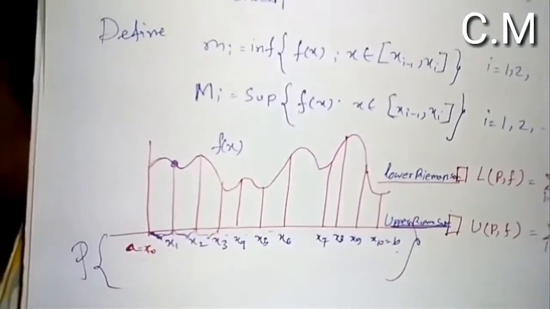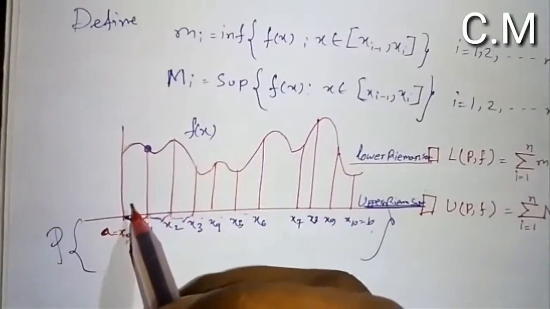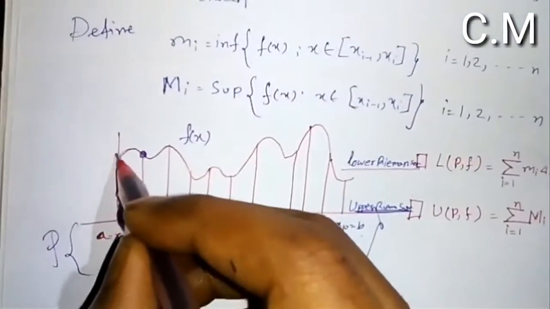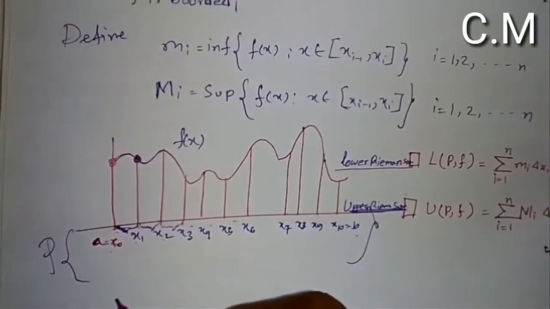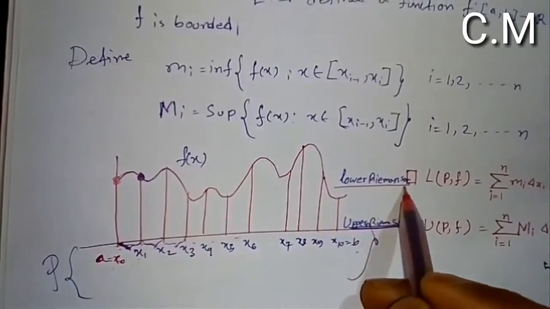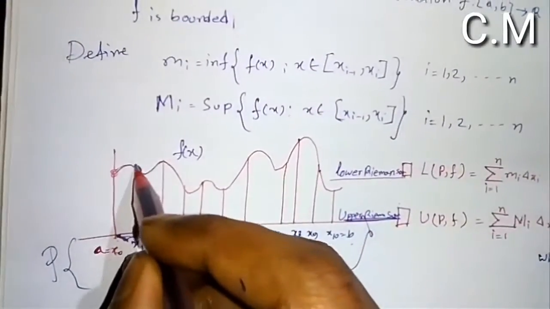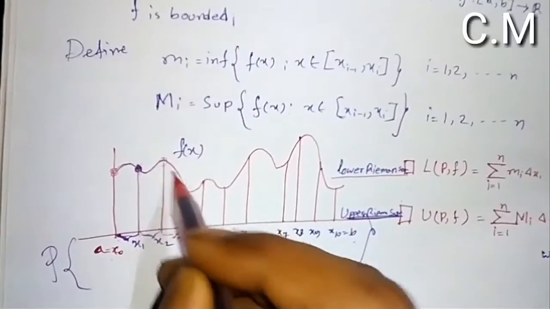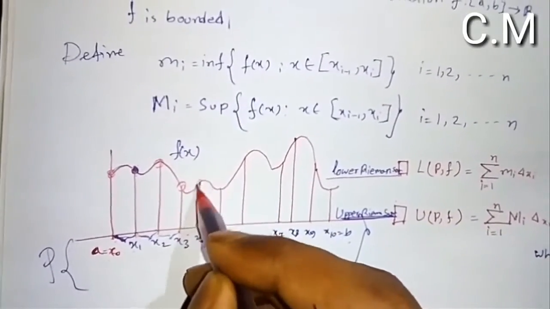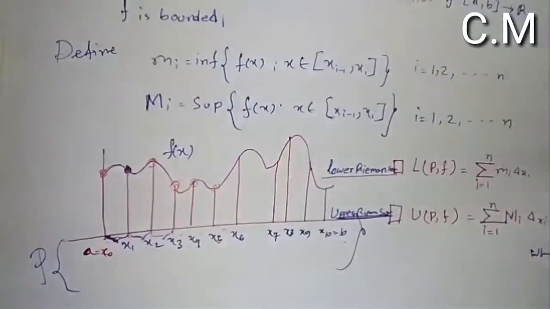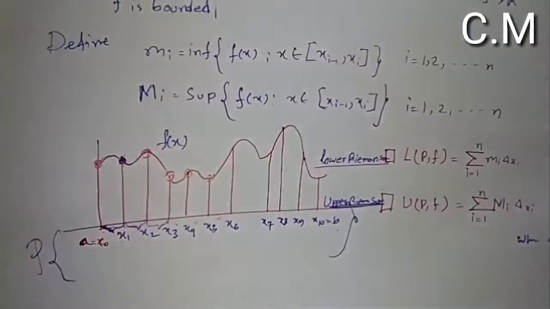The function must contain a lowest value and also a greatest value in each interval. The summation of all the lowest values of the function over all the intervals is called the lower Riemann sum.